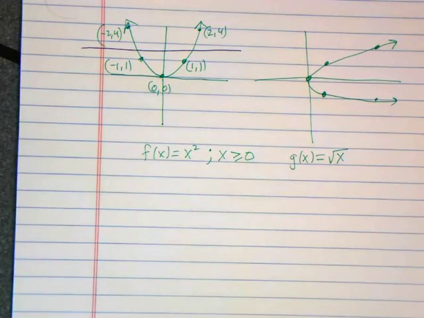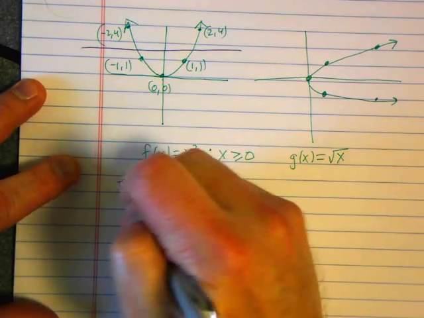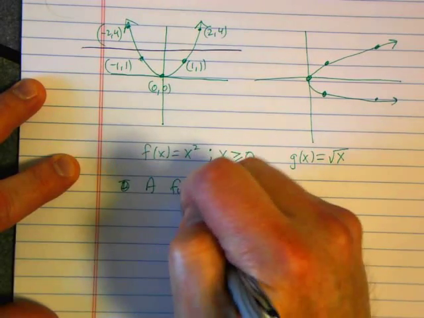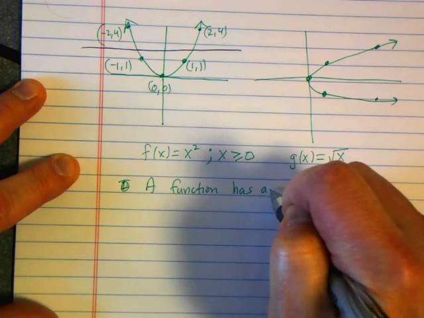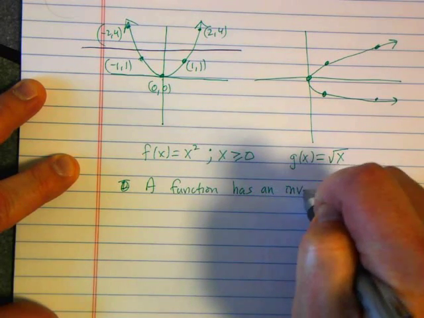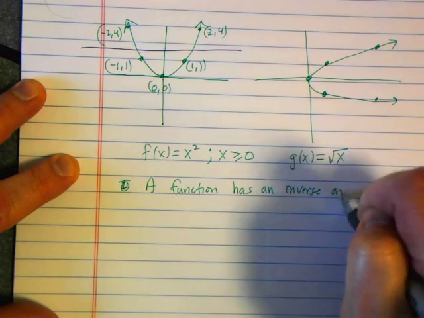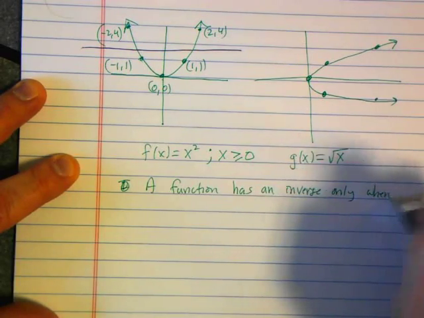Okay, so a function has an inverse only when it is 1 to 1.